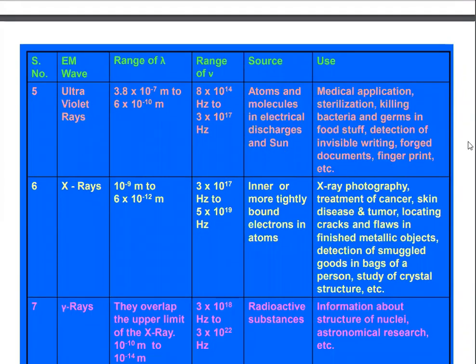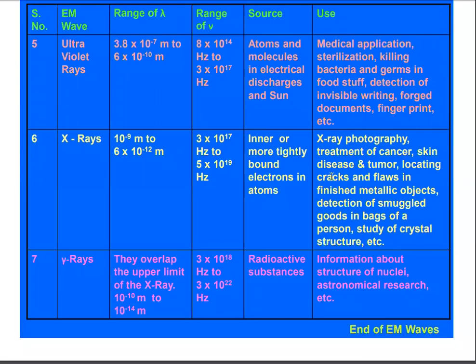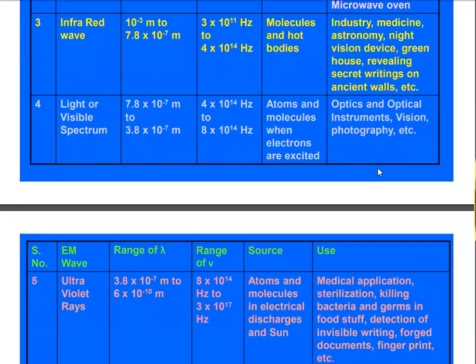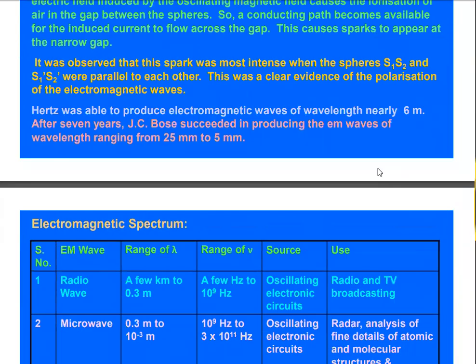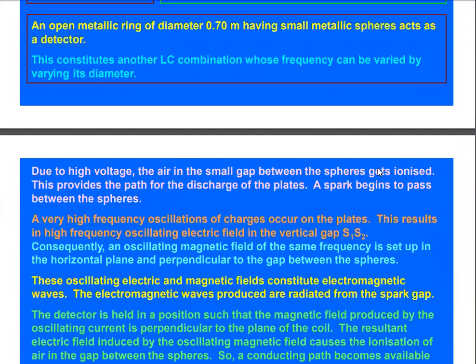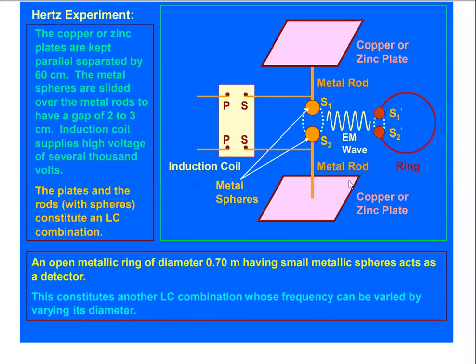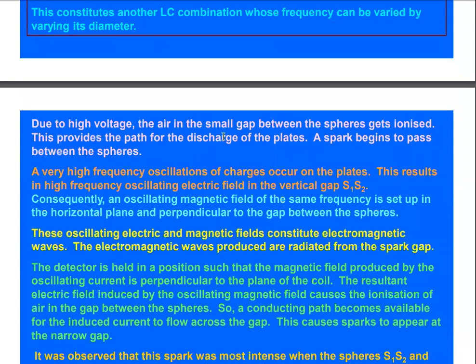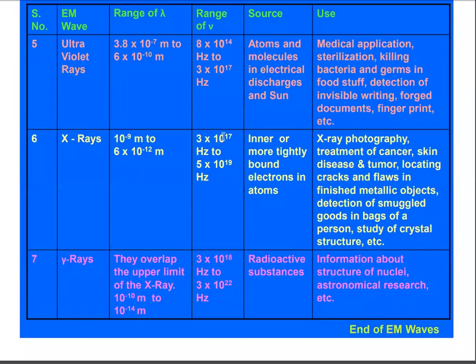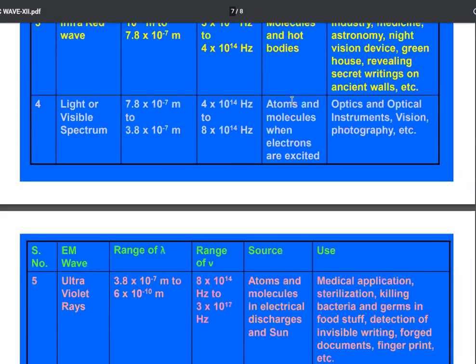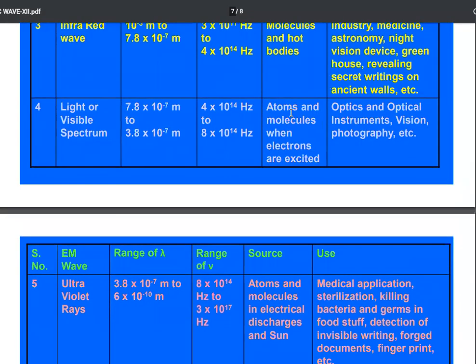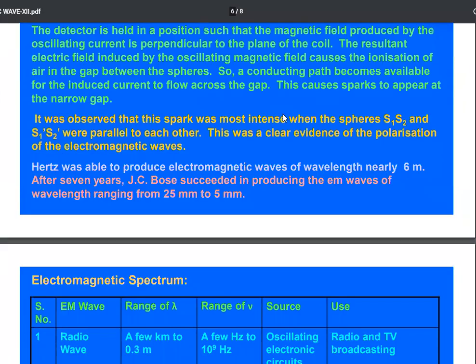So we have discussed the spectrum of visible light and the Hertz experiment. For today, this is all, and next day we will discuss the next, descriptive part of this chapter.